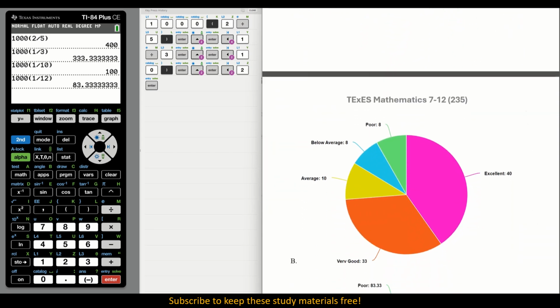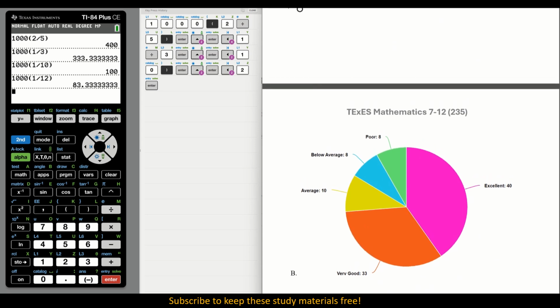Okay. Now, let's take a look at B. What they had is rounded, and it looks like it's out of 100. Well, we had decimal options. Even if we went with this as out of 100, we would have to add that up, and they would have to be 100.